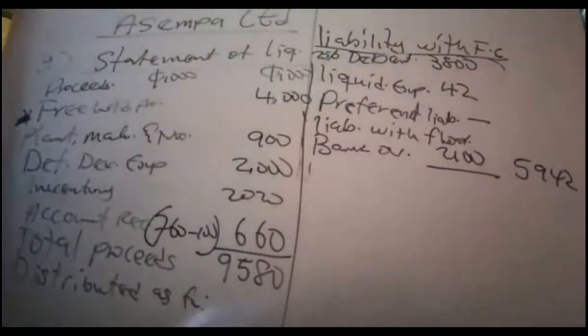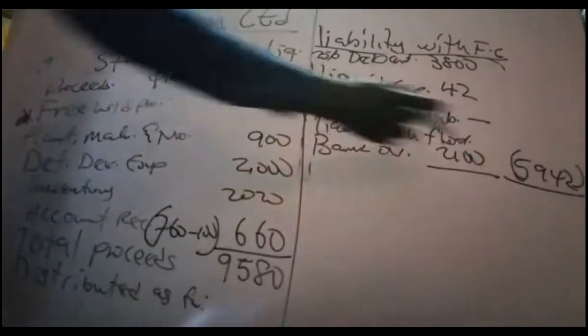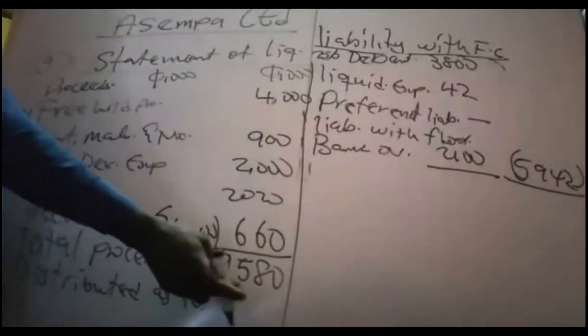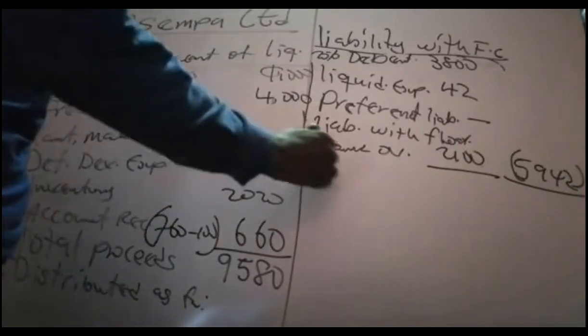Agreed. Then you underline it, put in brackets. You take it off from the figure on top, which is 9,580, like its continuation. So how much is left? It's the balance left for unsecured.